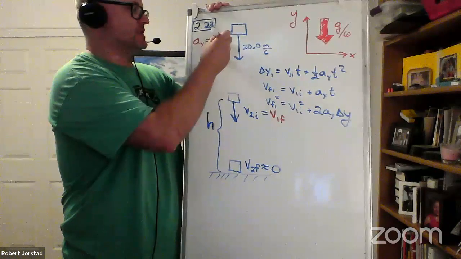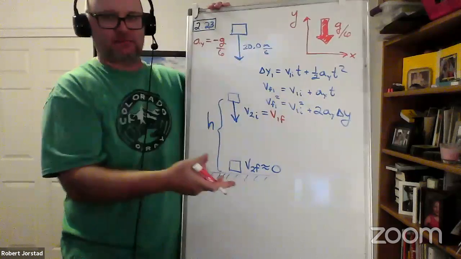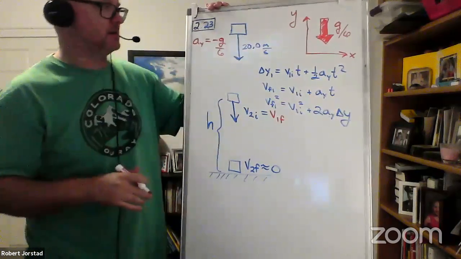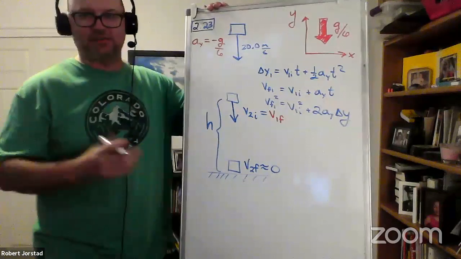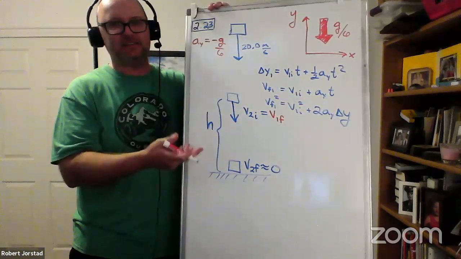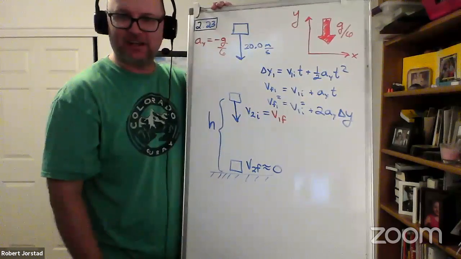Negative g over 6. Now, if Esteban had flipped his coordinate system over, he's right. But Esteban, did you flip your coordinates or not? You may have, I don't know. No, I wasn't thinking of the negative. Yeah, so this is a cool reason. When you look at this problem, wouldn't it make sense to call down the positive direction?